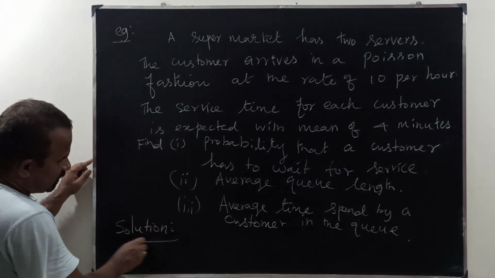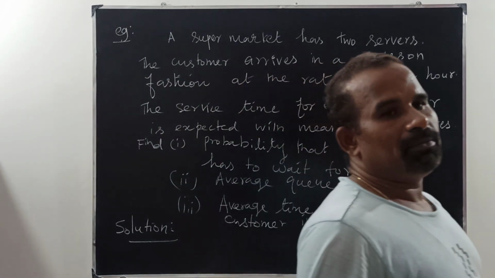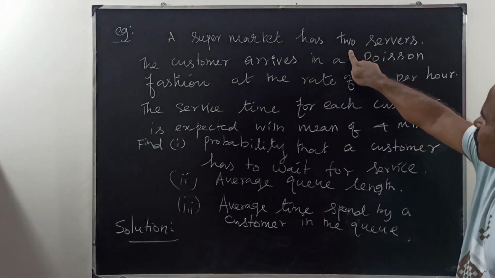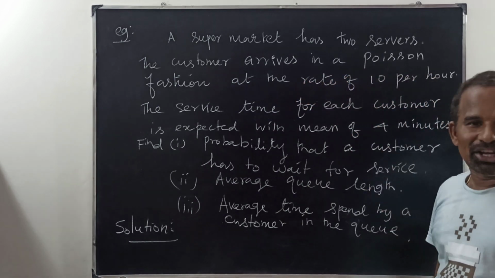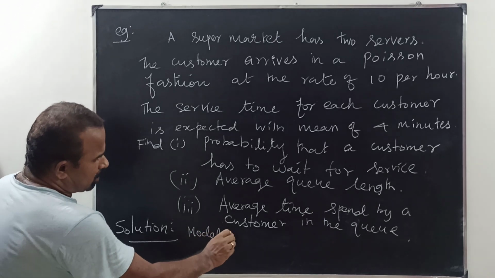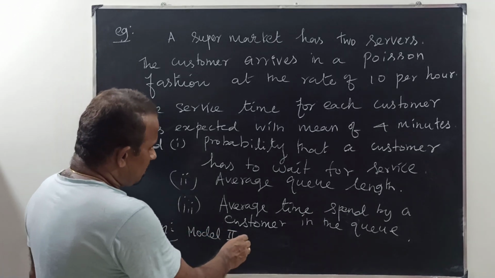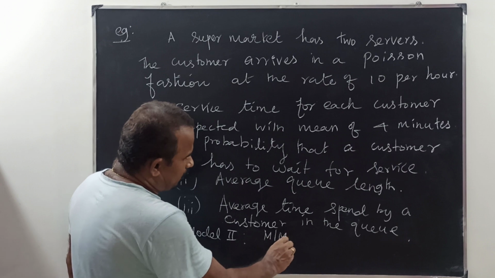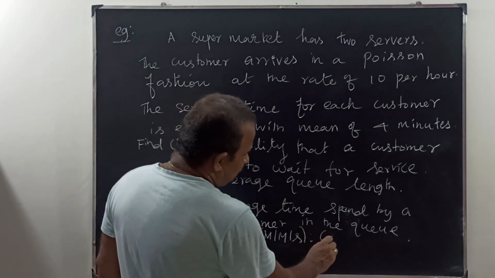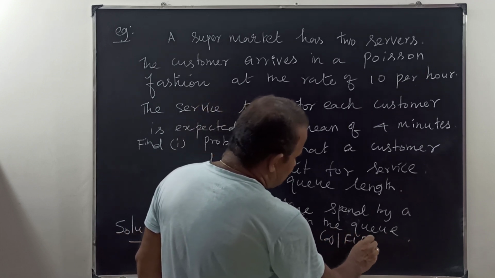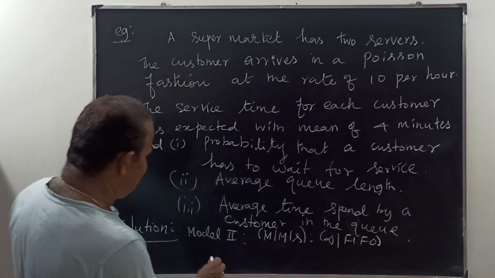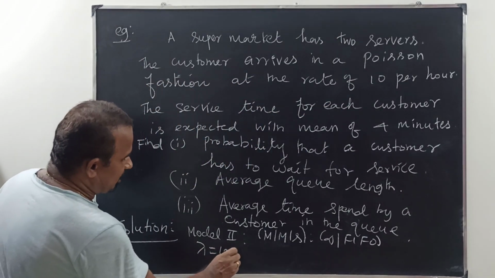First of all, we decide which model this problem comes under. It is multiple server with Poisson arrival, so this is model 2, that is M/M/S, infinite arrival, first in first out. The rate of arrival is given directly, so lambda is equal to 10 per hour.